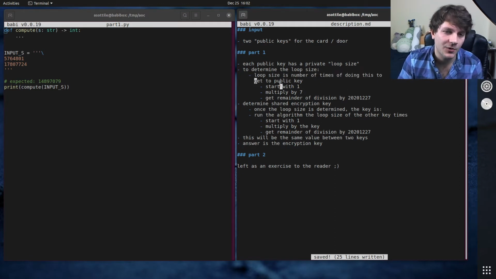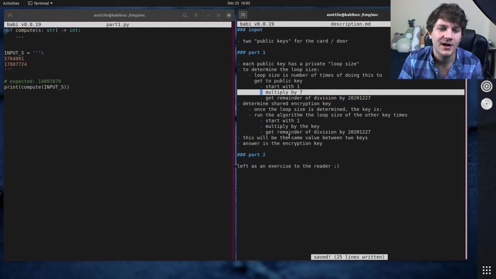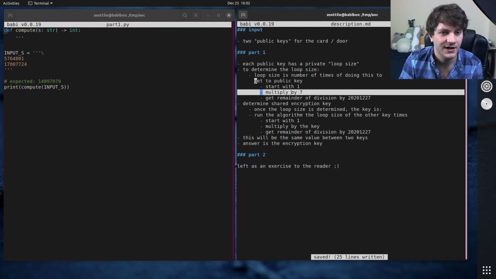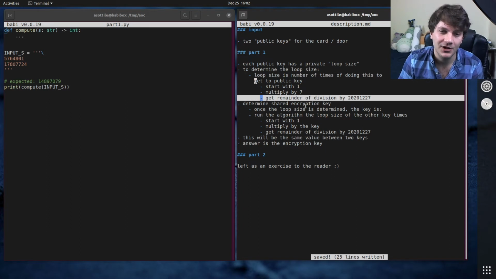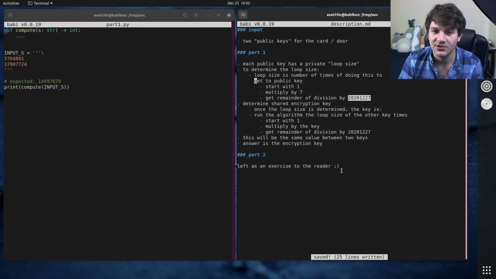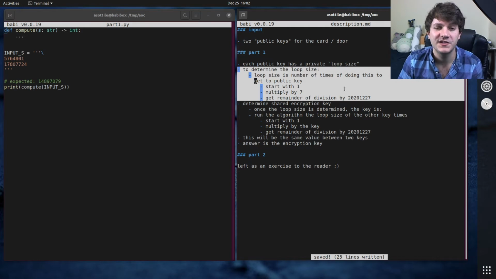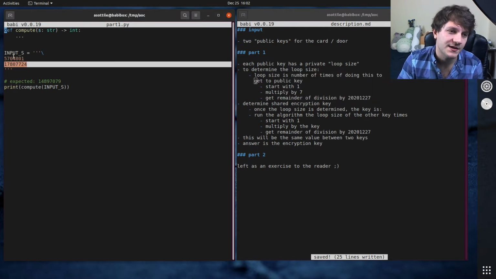You start with the number 1, and each loop you multiply by 7, which is a hard-coded number, and that's fine. Then you take the remainder of a division by this prime number, 20201227, which is in 2 days for me. The number of times it takes to get to the key is the loop size for that key, and each of these 2 keys has its own loop size.